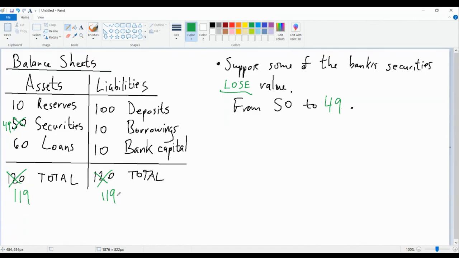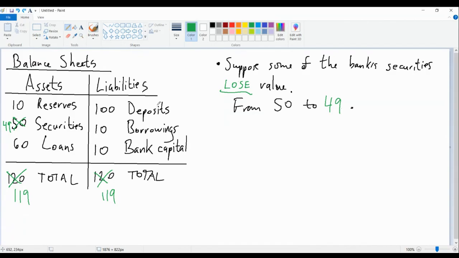Something has to change on the liabilities side to make this whole thing balance. What is it? Well, again, is it the deposits? No. No depositors did anything here. It's just that some of the securities lost value. So that doesn't change. Is it the borrowings? The bank hasn't changed its borrowing behavior. It's just that some securities lost value. It has to be the bank capital. How so? Well, we take all the assets, they add up to 119.